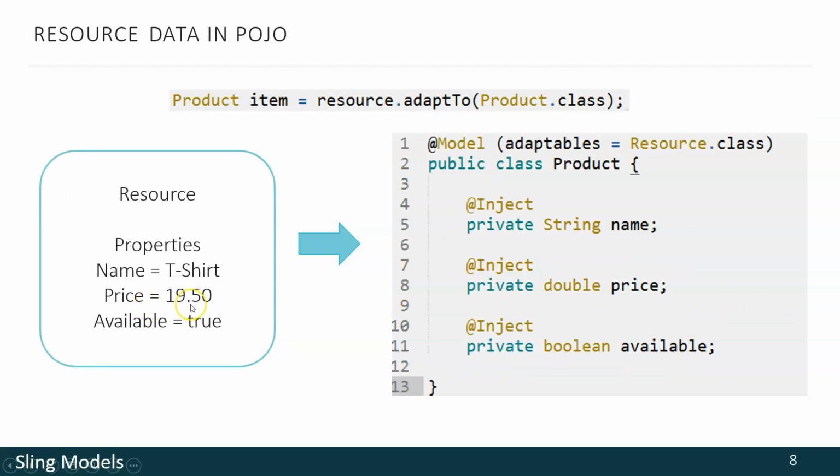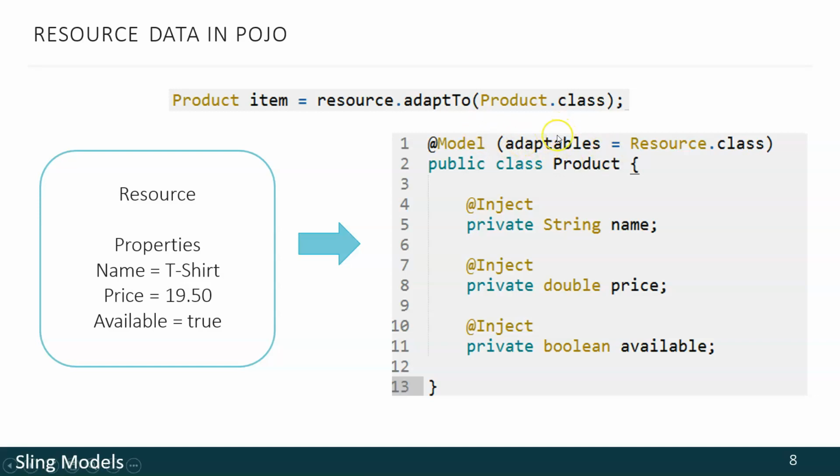Here you can see an example of mapping between a resource in the repository and Sling models. To mark a Java class as a Sling model, use the Model annotation. For adapting functionality, we mark it as adaptable from a Sling resource by specifying the adaptables property inside the Model annotation.